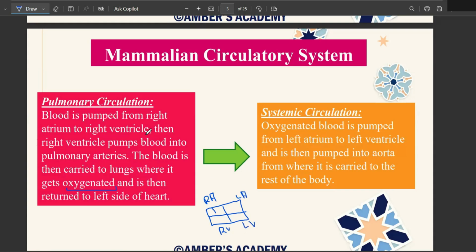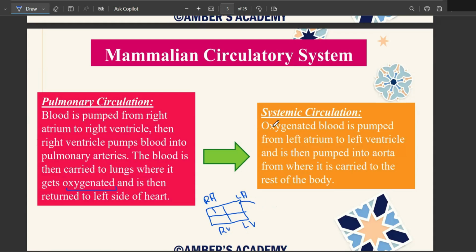So the blood is pumped from the right atrium to the right ventricle, and then it pumps into the pulmonary arteries. Arteries are usually responsible for carrying oxygenated blood, but pulmonary arteries carry deoxygenated blood, and it gets oxygenated in the lungs, and then it's returned to the left side through the pulmonary vein.